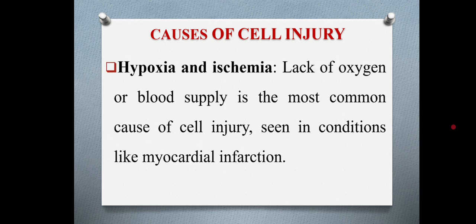But if we were to look at things specifically, these are the causes of cell injury. Number one, hypoxia and ischemia. I want to take time and explain these terms because hypoxia and ischemia are the most common cause of cell injury. I'll start with ischemia.